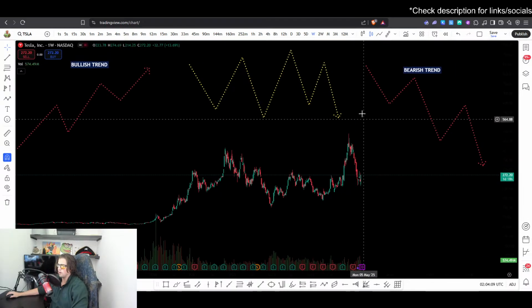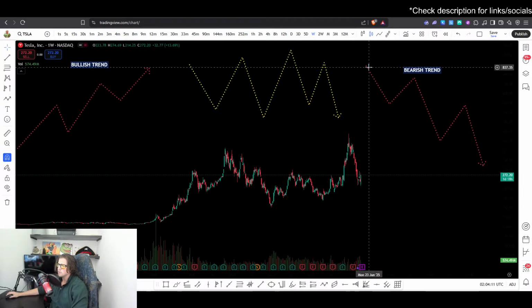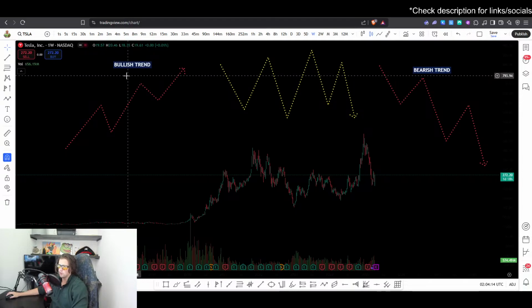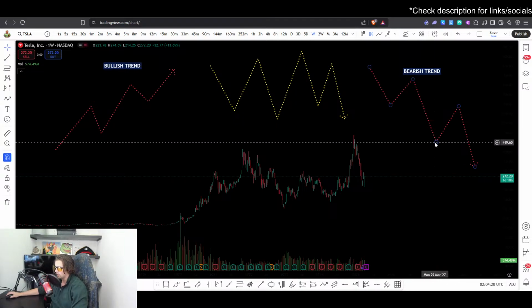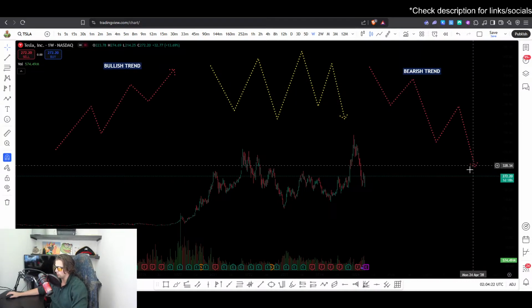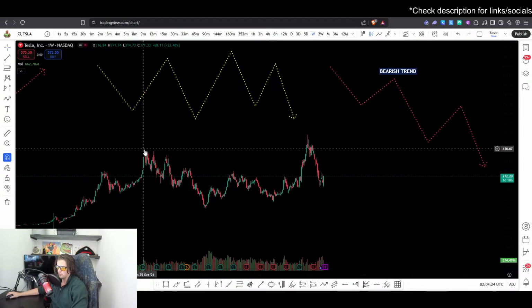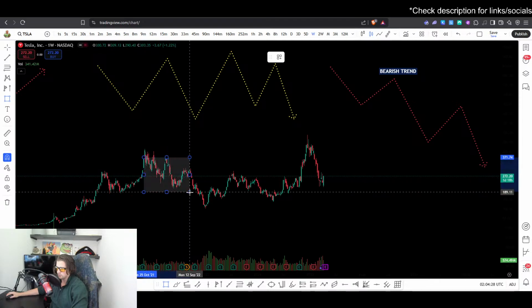And then we spoke about how on the flip side, contrary to being bullish, we could have a bearish trend in which we have a high, a low, a lower high, a lower low, a lower high, a lower low. And that's something like this area of price action.